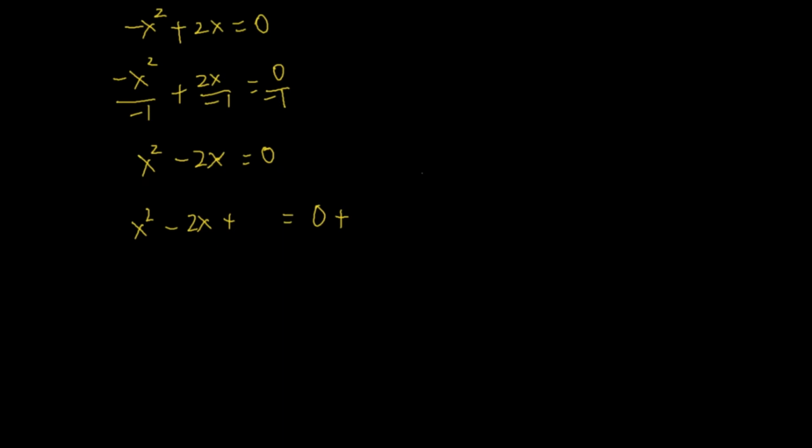So I take negative 2 divided by 2 and then square. That is negative 1 squared, which is 1. So I add 1 to both sides. I can rewrite this as x squared minus 2x plus 1 equals 1.